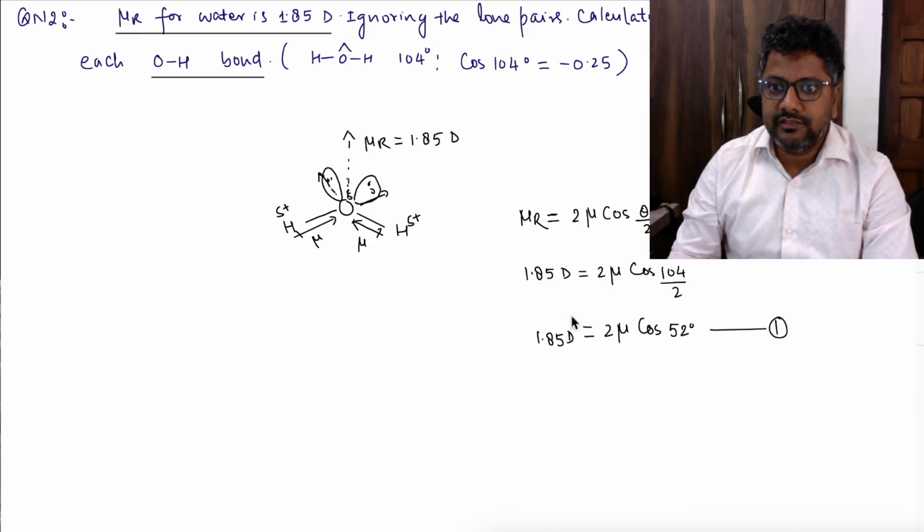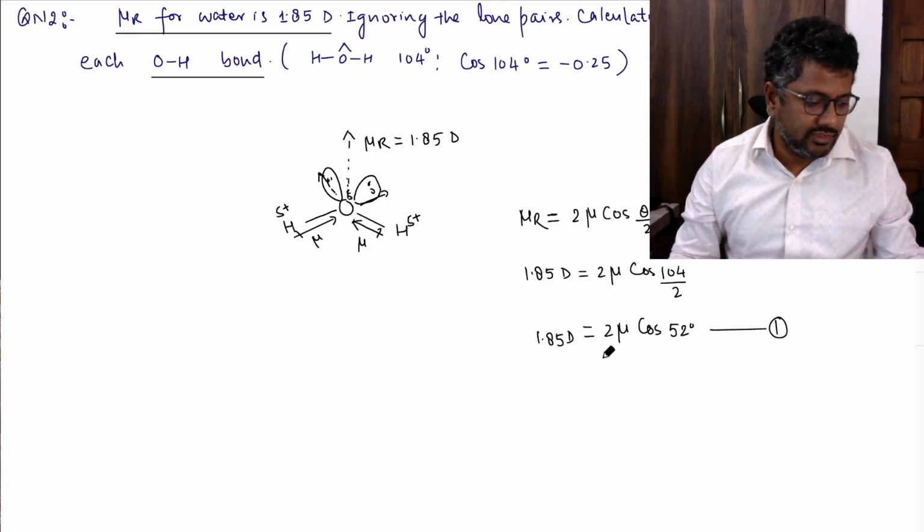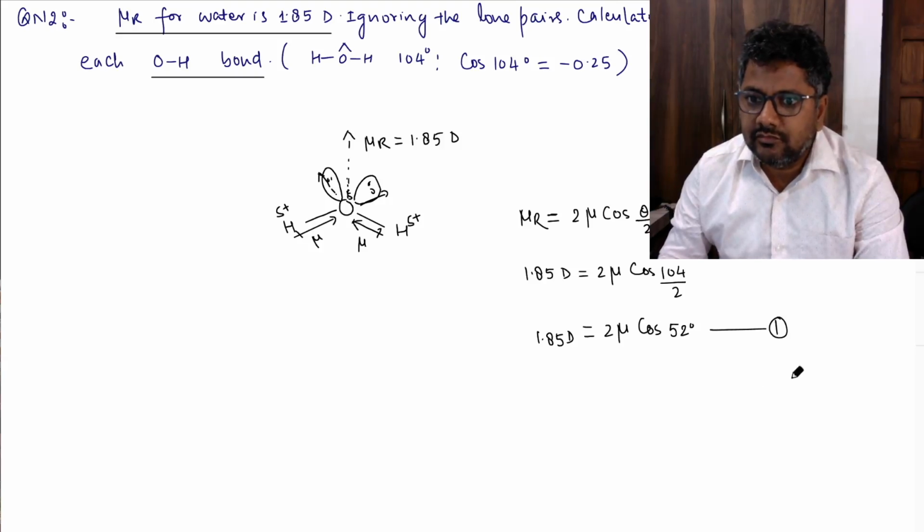Now cos 52 degree is equal to, I think, 0.61. So cos 52 is equal to 0.61.